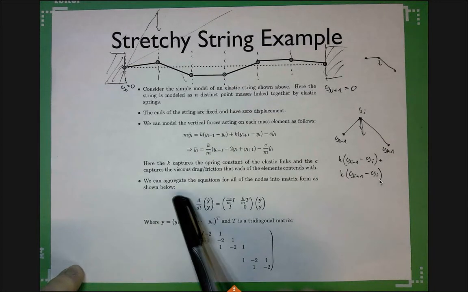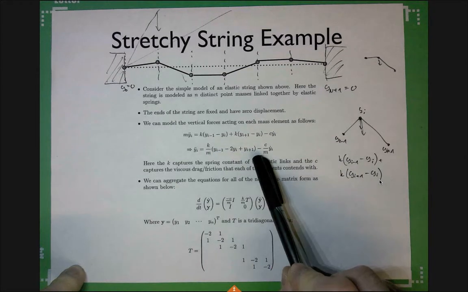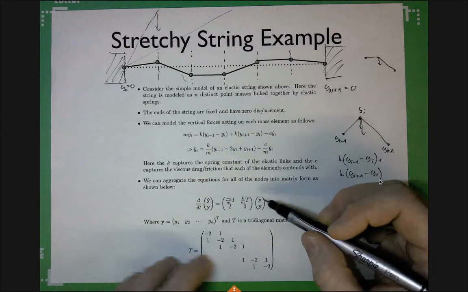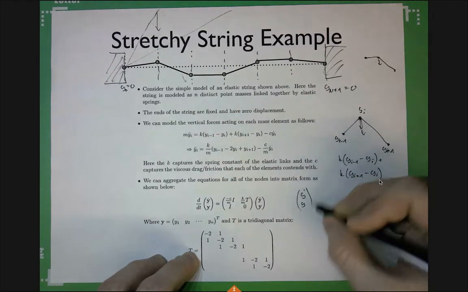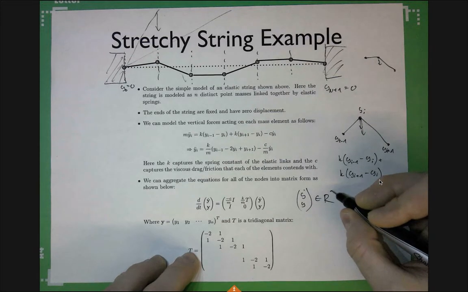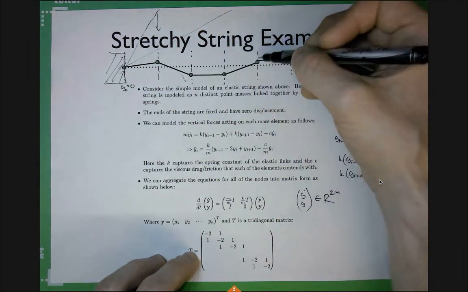And how do we compute the solution? This is just a second order differential equation, and we convert it to a first order system of differential equations. The state vector contains y dot and y, so the y dot are the velocities of all the points, a vector of dimension n if I have n active particles.